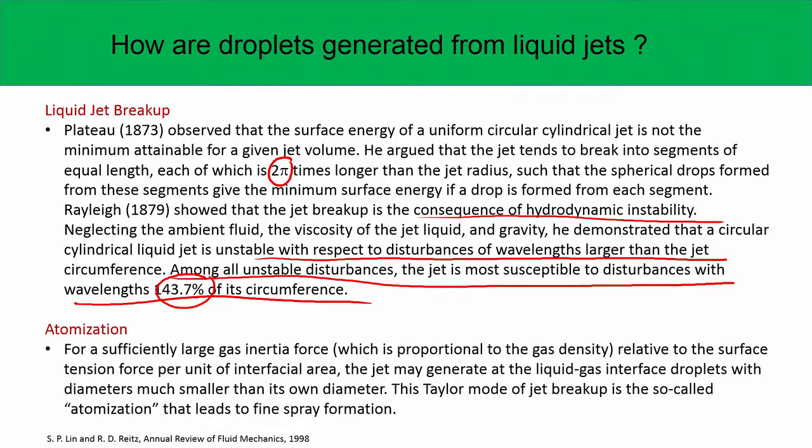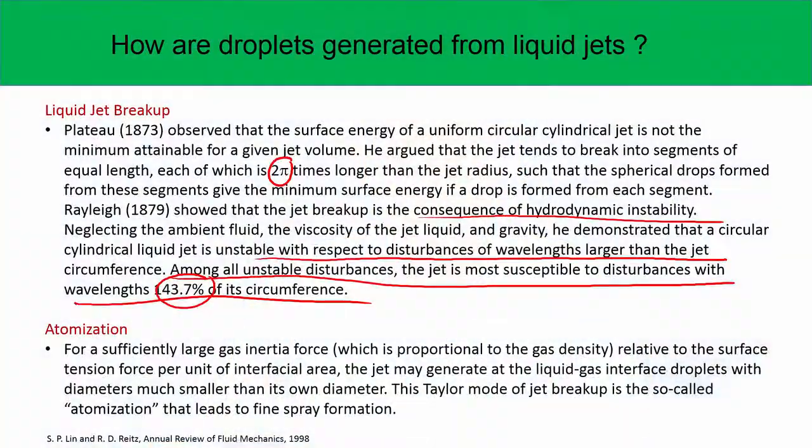But if you remove all these complexities and look into the very fundamental aspects, if you look into your kitchen sink and allow the liquid jet to emerge, you will see that this jet initially stays a very laminar, smooth jet, but after some time it develops some distortions, and eventually droplets are formed. This is what is called the Rayleigh-Plateau instability, and we will show that this jet can break up even when there is no gravity. So, we will do the analysis of this.